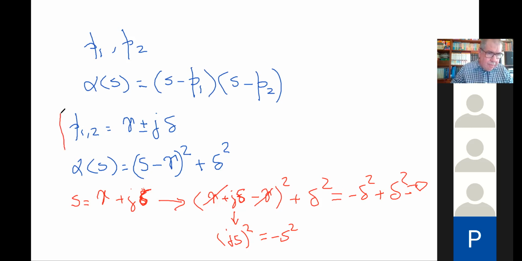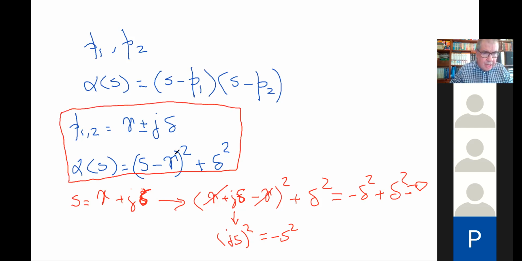Remember, when you have complex conjugate poles, the way to write the polynomial, which is easy to expand, is s minus the real part, squared, plus the imaginary part squared.